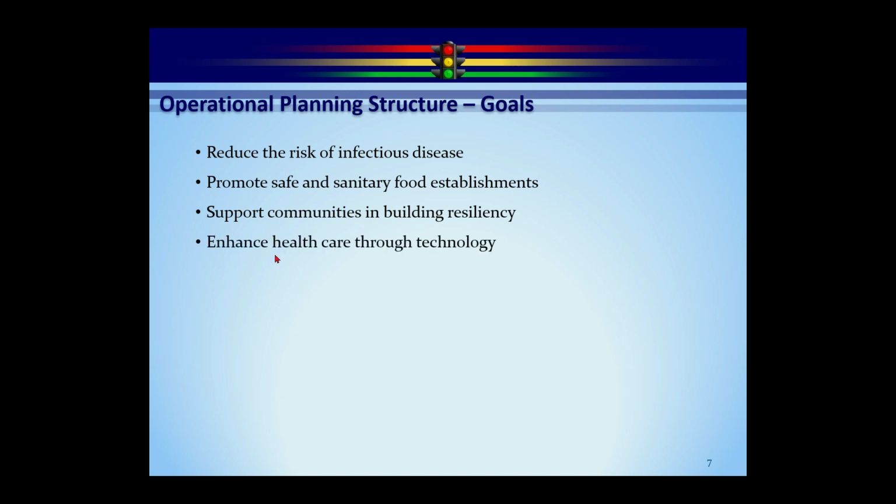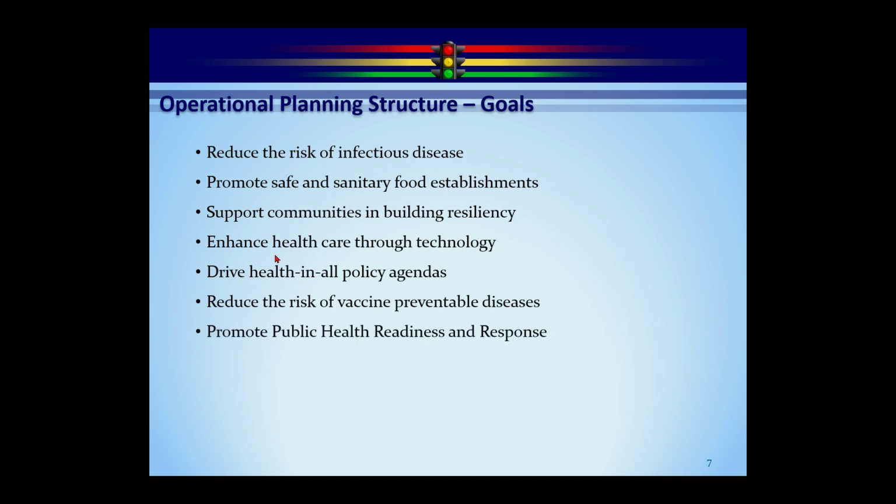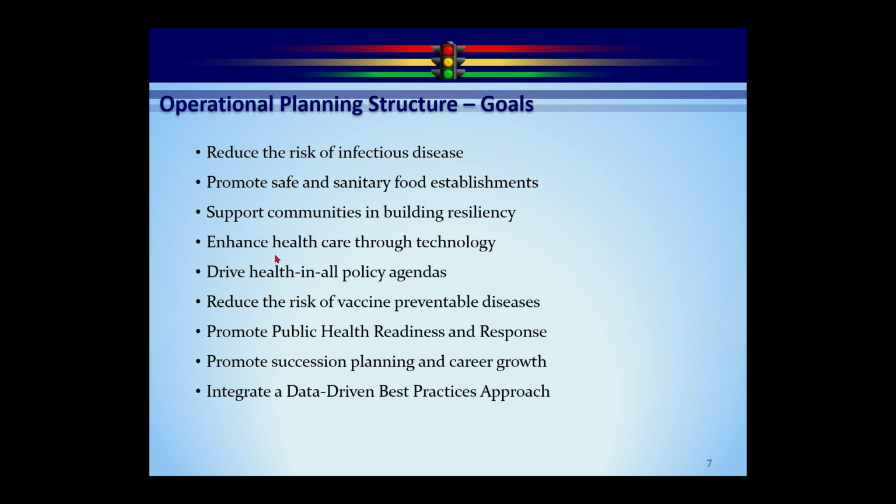Enhance healthcare through technology. Drive health in all policy agendas. Reduce the risk of vaccine preventable diseases. Promote public health readiness and response. Promote succession planning and career growth. Integrate a data-driven best practices approach. And then again, reduce smoking in high schools.